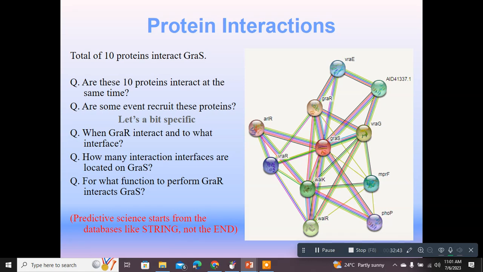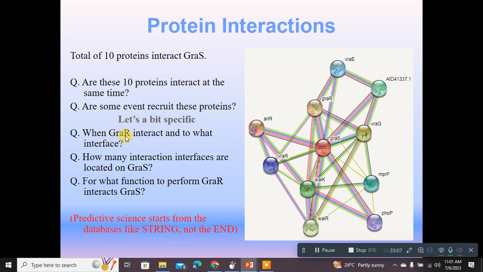Or some event recruited this protein, so how does this protein come here? Maybe because of this, it interacts with this protein and is recruited here to interact with GRAS. Okay, let's be specific.